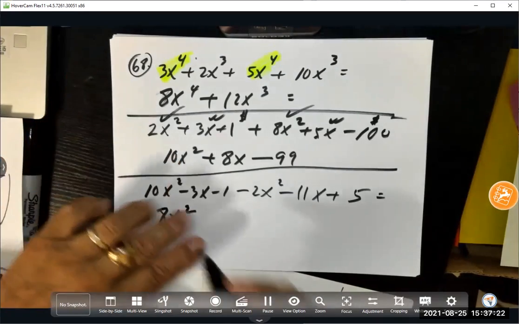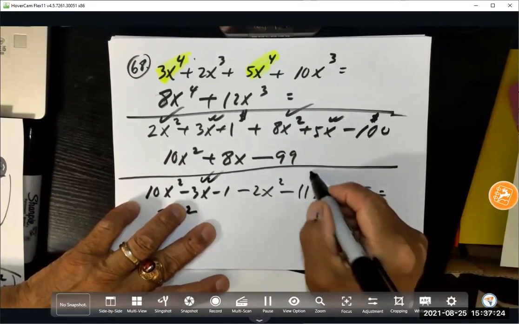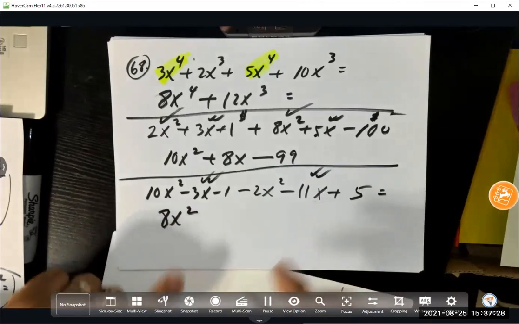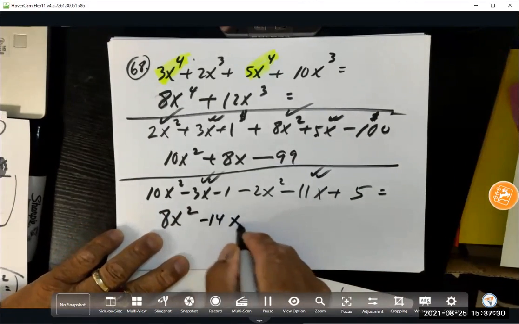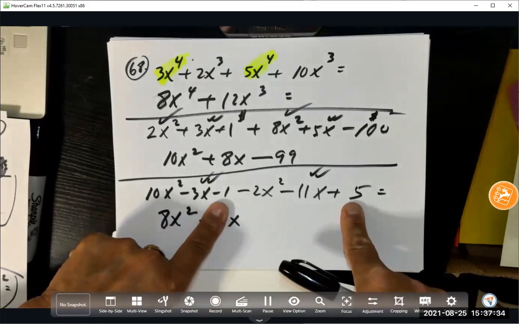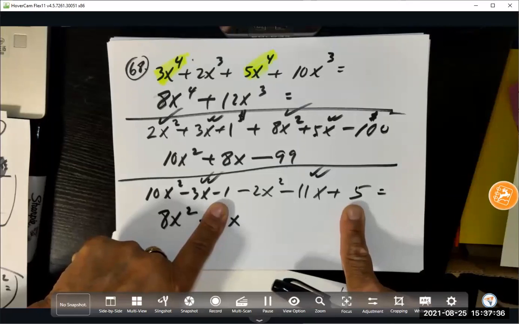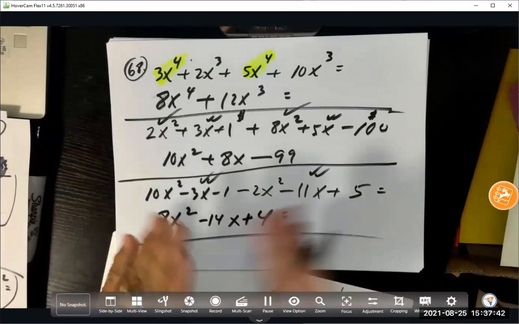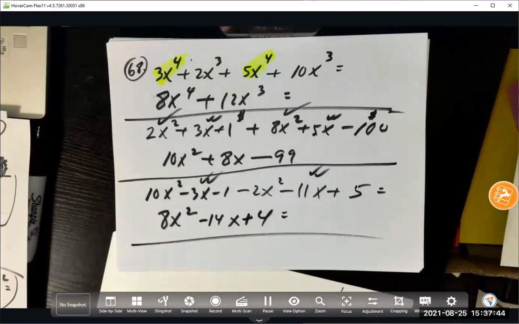Okay. And what is negative 3x and negative 11x? Negative 14x. Yes. And what's a negative 1 and a plus 5? Positive 4. Yeah, plus 4. That's all. Don't put them together anymore. Leave it like that, okay?